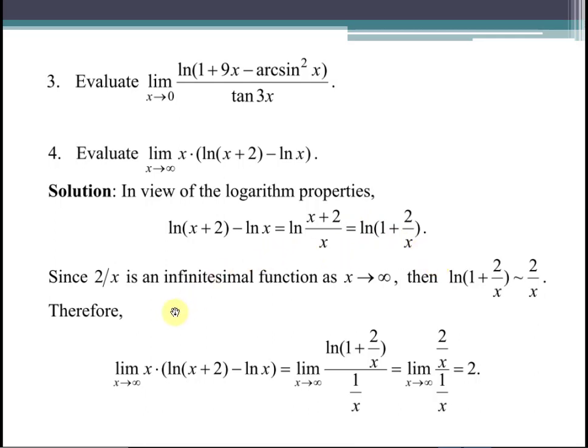However, 2 over x is an infinitesimal function as x tends to infinity because it tends to 0. Then natural logarithm of 1 plus 2 over x is equivalent to 2 over x. Therefore, we just put 2 over x instead of this one, and 1 over x and x are cancelled. The answer is 2.